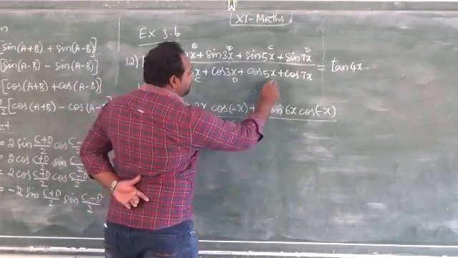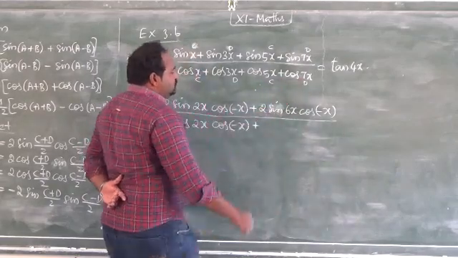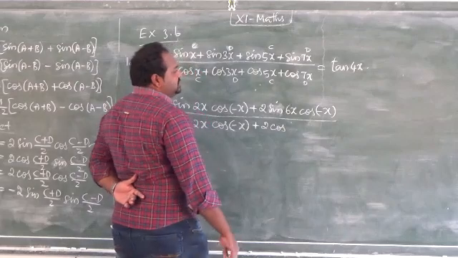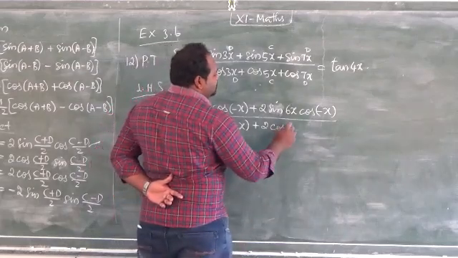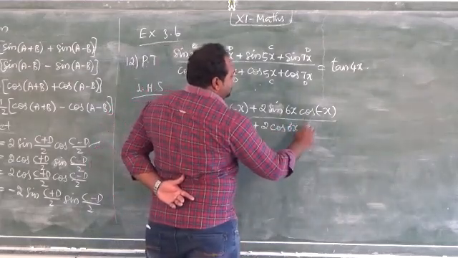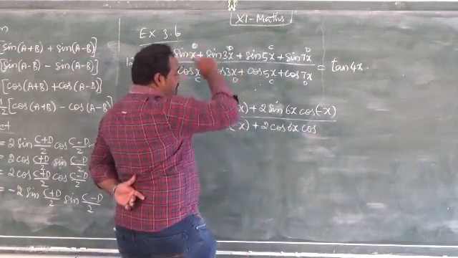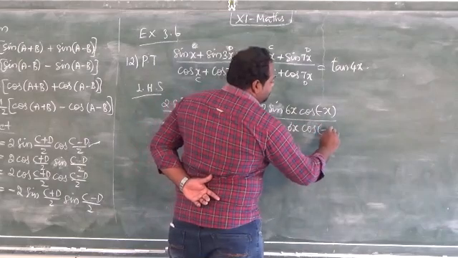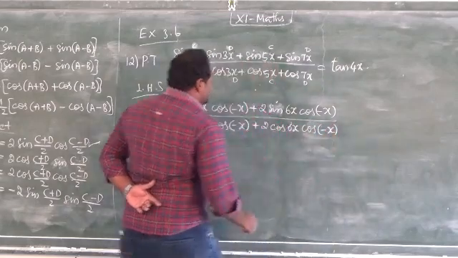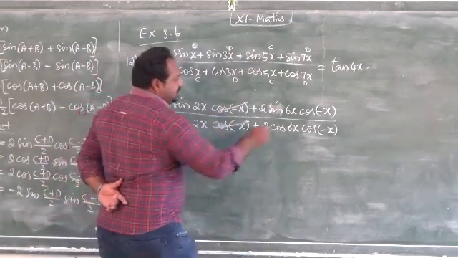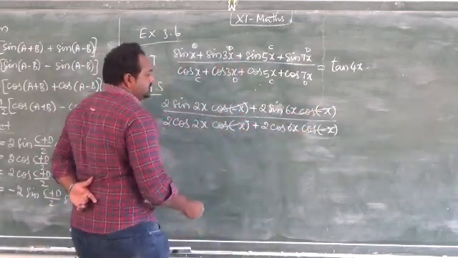Then plus the same formula: 2 cos((5x + 7x)/2), 12x by 2 is 6x, times cos((5x − 7x)/2), which is −2x by 2, that is −x. So here we have cancellations: this and this cancel, this and this cancel.